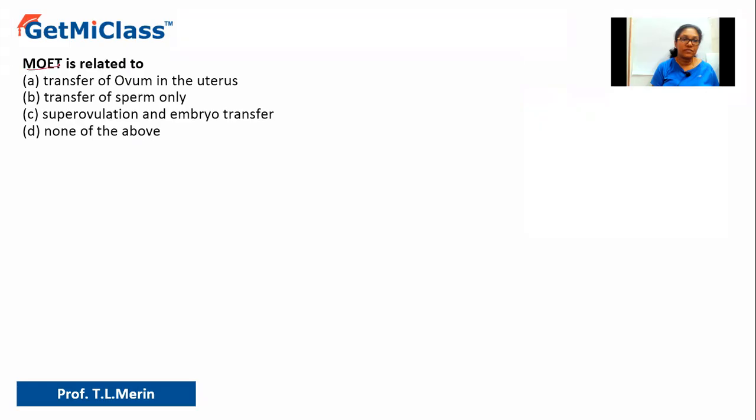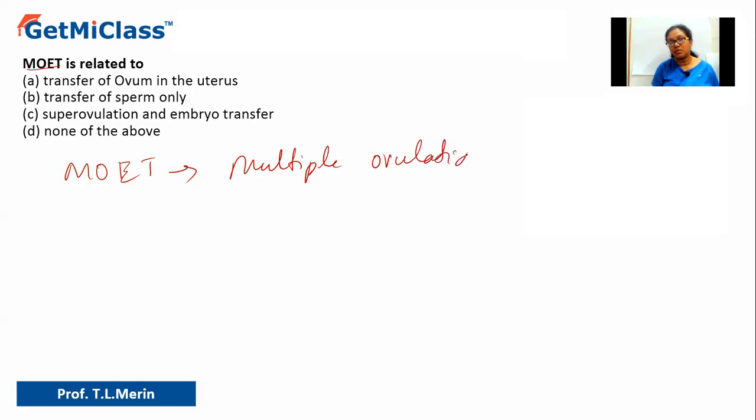What is MOET first of all? Let us see what is MOET. MOET is nothing but multiple ovulation and embryo transfer. Now, why are we talking about multiple ovulation and embryo transfer?